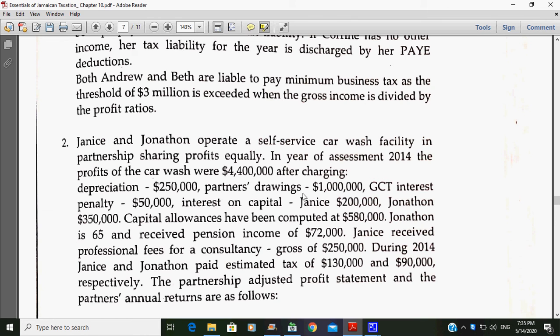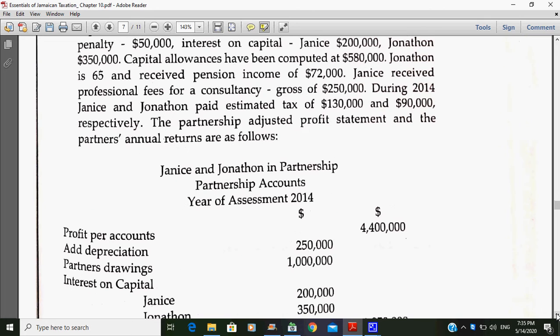So drawings is seen as salary here. You see what it says, after, right? So therefore that's the reason why I add back the partners' drawings. If it did not say after charging this, we would not put drawings here. Alright? Good. So we would not put drawings right here if that wasn't the case. That's the reason why we add back drawings here.